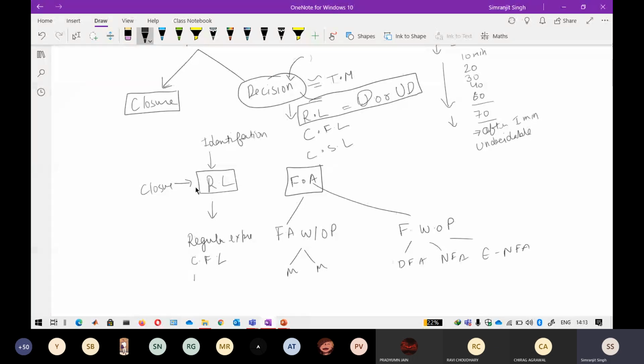These properties will be the same for all the languages. The output here will be that yes, it is closed, or no, it is not closed. And there, in the decision property, the output is decidable or undecidable.